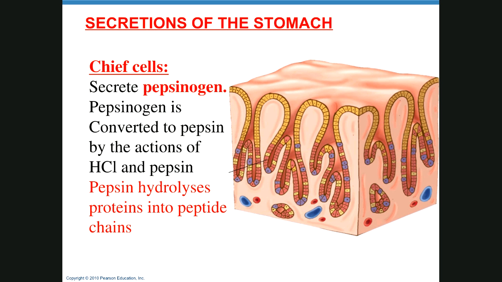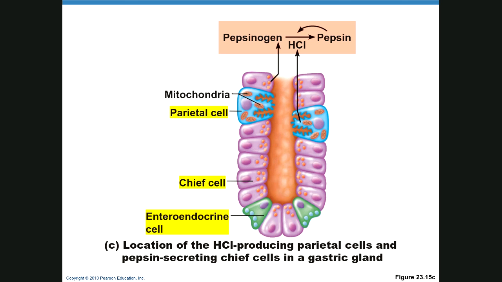Chief cells are going to be these reddish cells here, and chief cells secrete pepsinogen. Okay, so know the secretions of these cells. So again, parietal cells secrete hydrochloric acid and intrinsic factor. Chief cells secrete pepsinogen. Enteroendocrine cells here at the bottom secrete hormones.